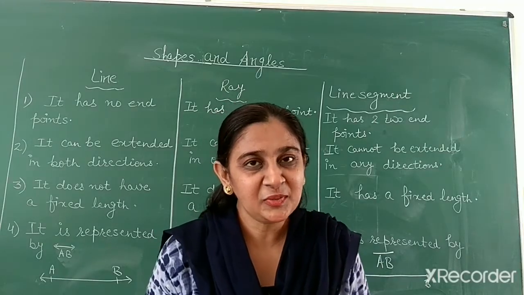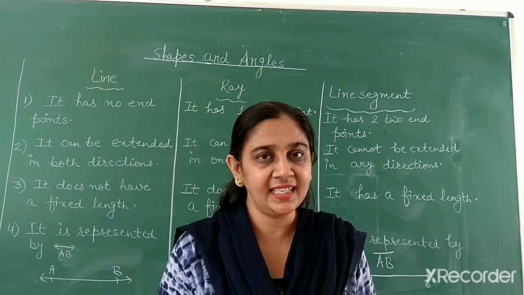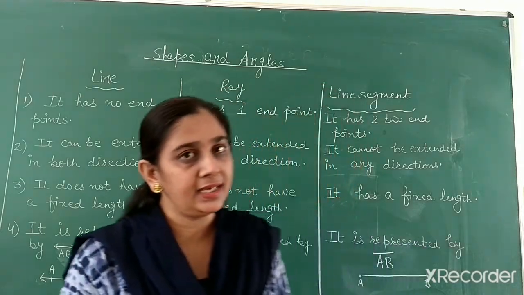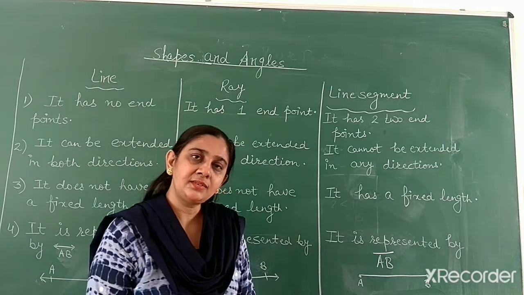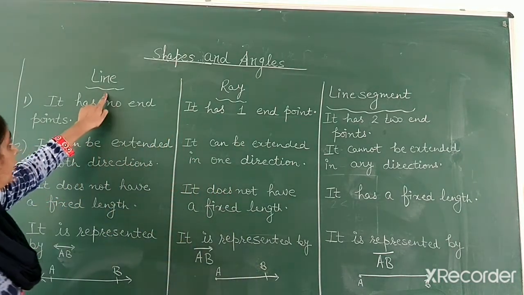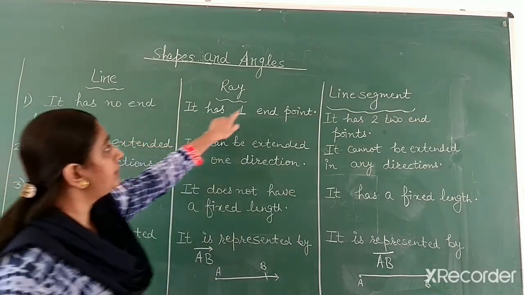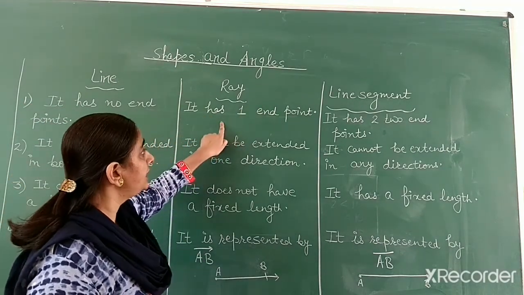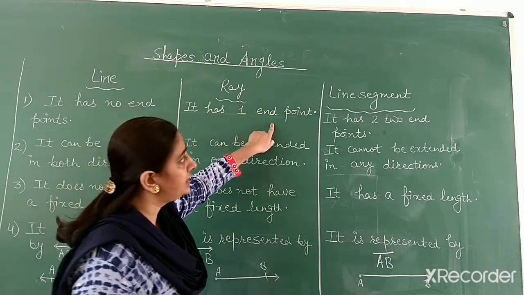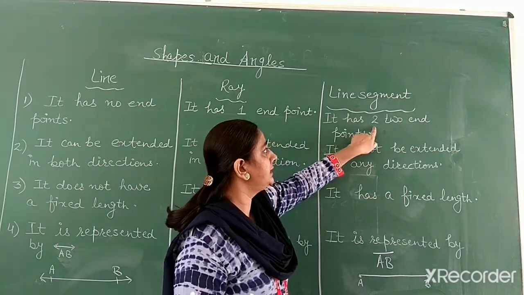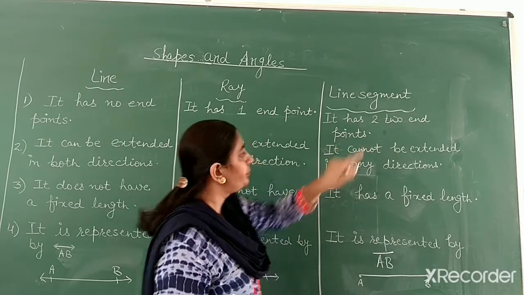Now children, right now you have learnt about line, ray and line segment. Now you are going to learn the difference between line segment and ray. So first of all, a line is a group of points which has no end points, while a ray is a part of a line and it has only one end point. And a line segment is also a part of a line and it has two end points.